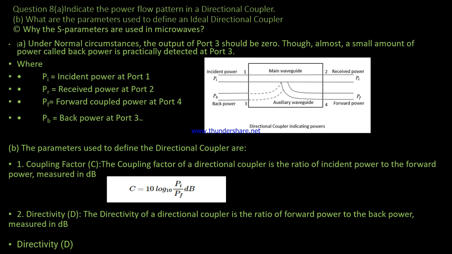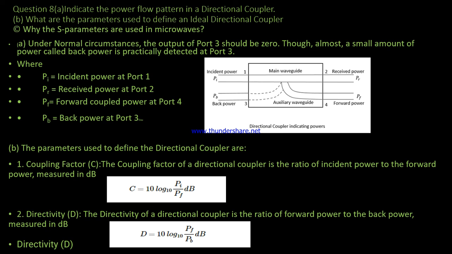Number 2, directivity. The directivity of a directional coupler is the ratio of forward power to the back power measured in dB, and is given to be D equals 10 log P forward all over P backward in base 10 logarithms measured in dB.